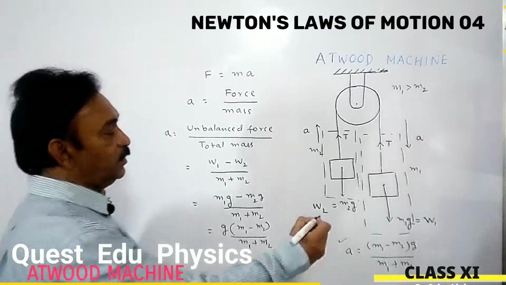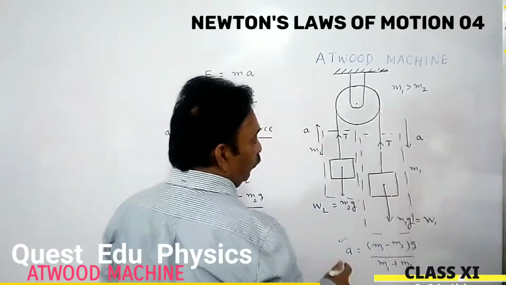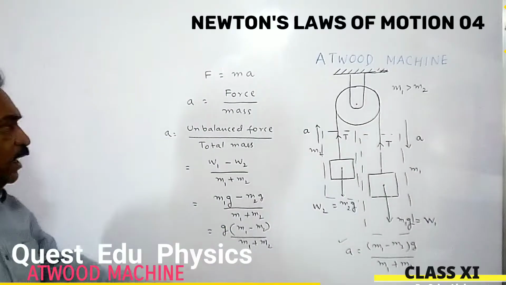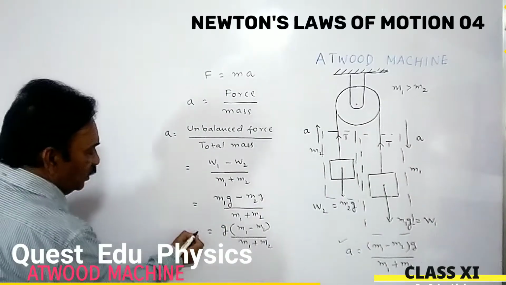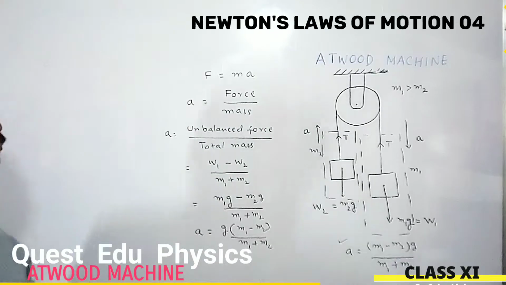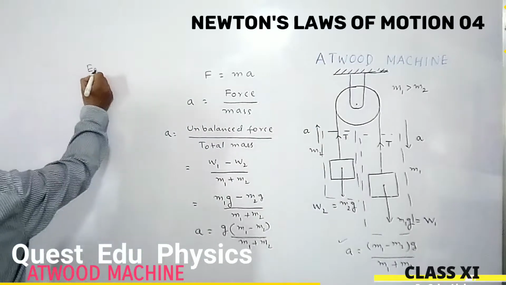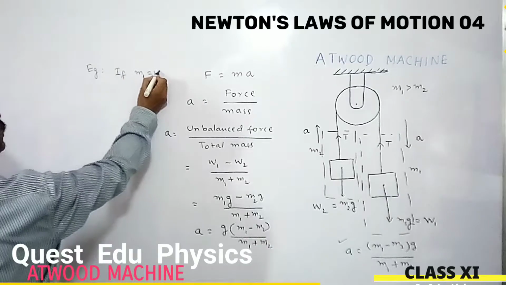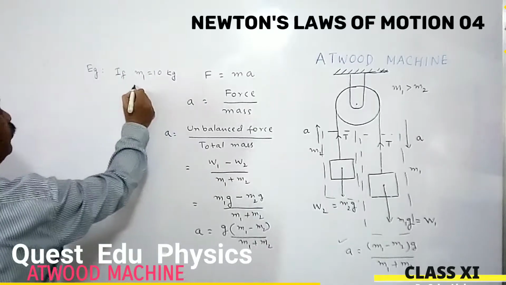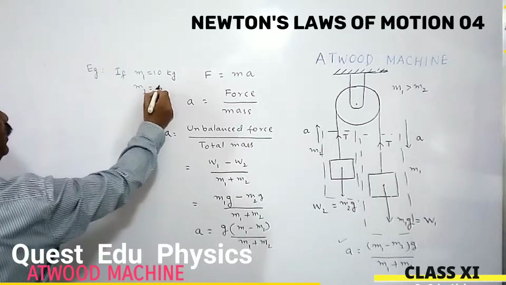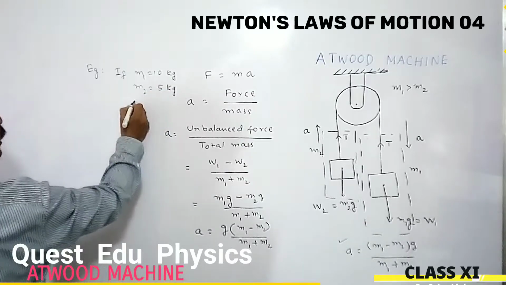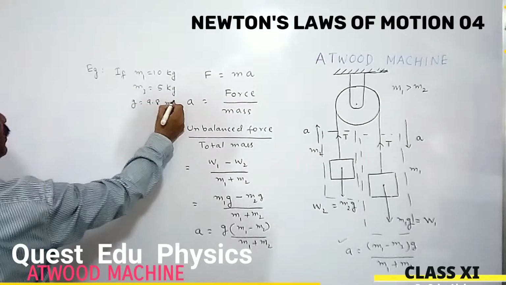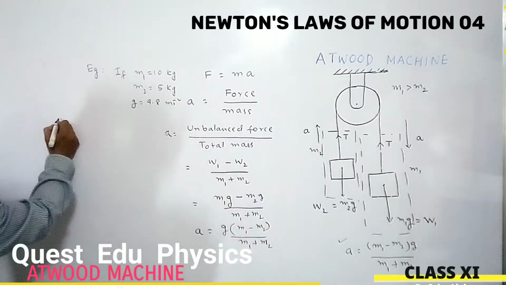Let's say it is 5 kg and it is 2 kg. Now substituting the values you will get the acceleration. Let's do an example. If M1 is equal to 10 kg and M2 is equal to 5 kg and take g as 9.8 meter per second square, then we can find the acceleration.